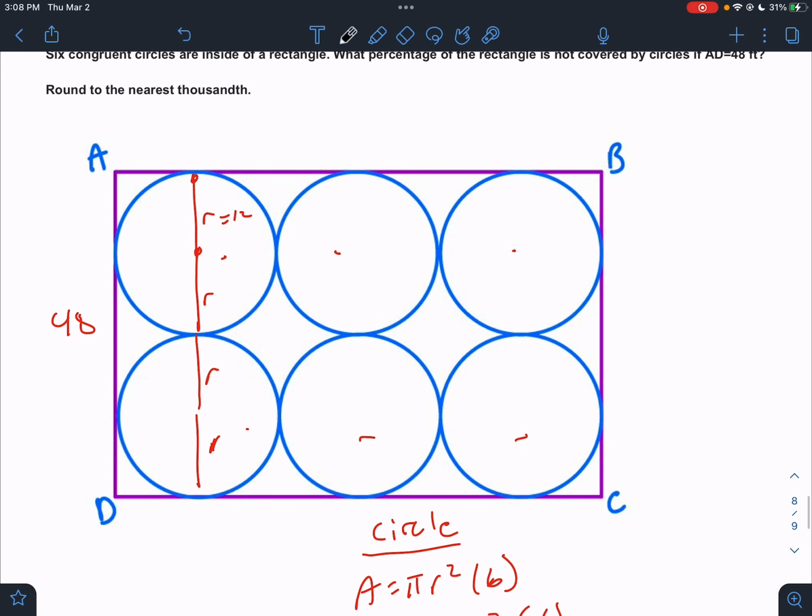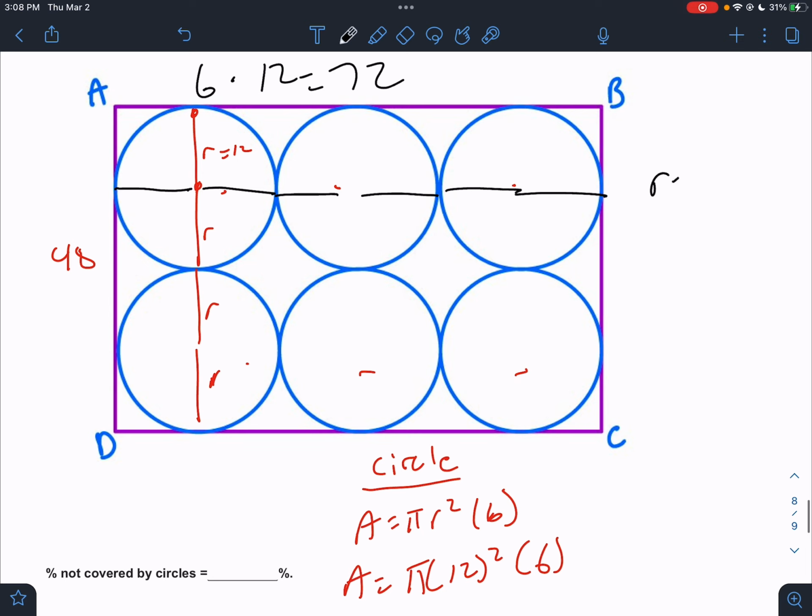How many does it take to go this way? 1, 2, 3, 4, 5, 6. So 6 times 12, this would have to be 72. So the rectangle is base times height, 48 times 72. And that's going to be 3456.